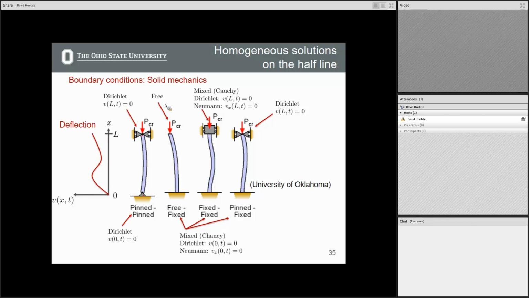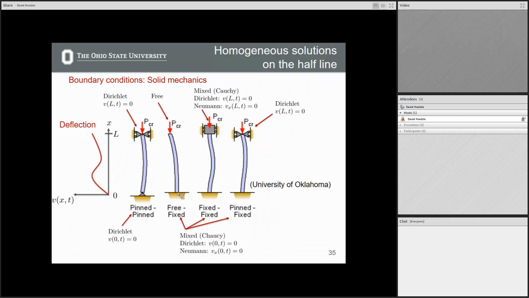You can have free boundary conditions, so that's a lack of a boundary condition. You can have mixed boundary conditions, sometimes called Cauchy. This would be imposing both the Dirichlet boundary condition, that the position is equal to 0, and also what's called the Neumann boundary condition. This is saying that this is rigidly fixed, or cantilevered out. It's saying that the derivative of this position with respect to x is equal to 0.